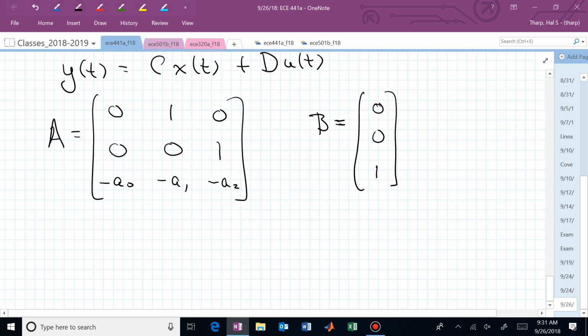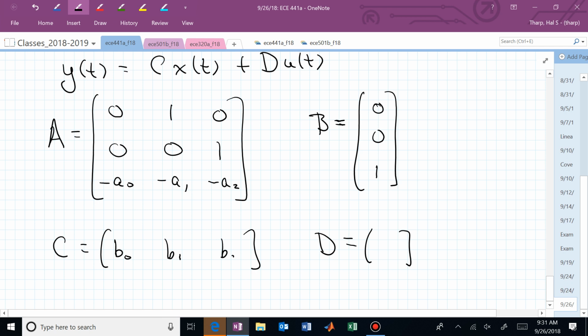What about C and D? Questions on where that came from.